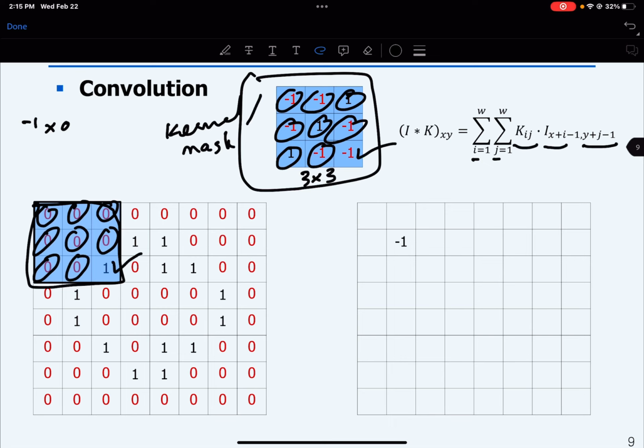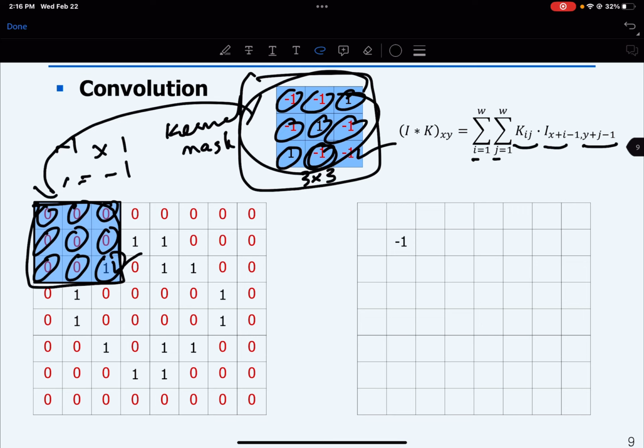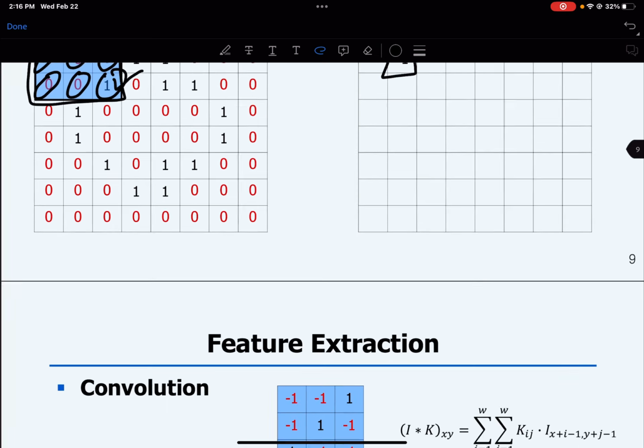However, if we multiply these two terms, we get -1 to 1. This is -1. So the output of applying this kernel onto this part of the image, we get this at the center. This is how we apply the kernel onto the image.